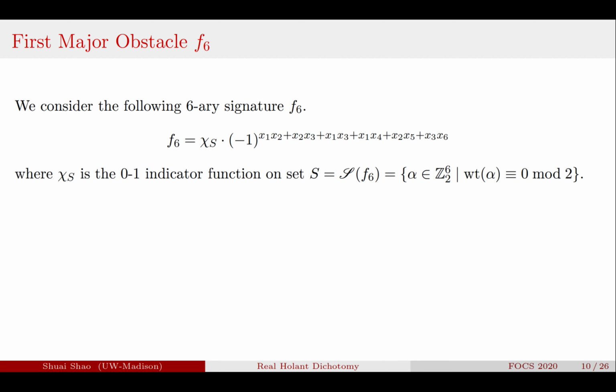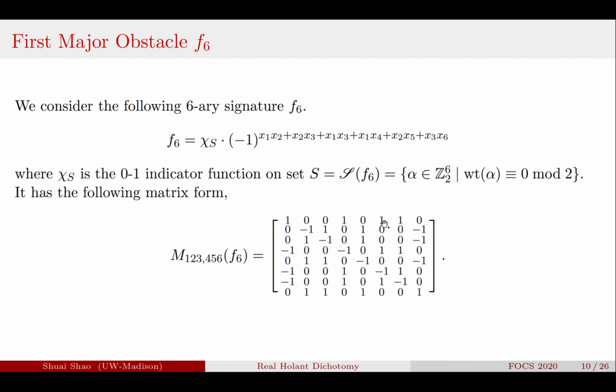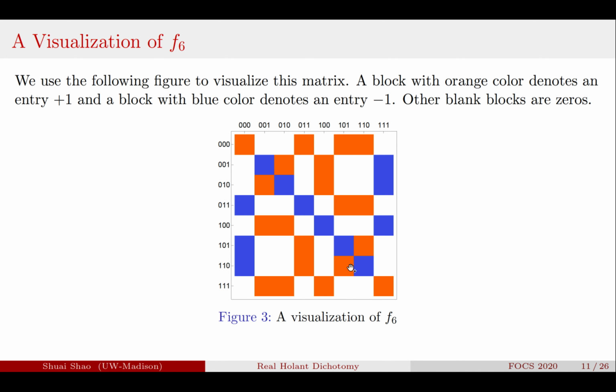We consider the following 6-ary signature f sub 6. This signature has the following expression. We can represent this signature by the following matrix. Here we use the first 3 variables as the row index and the last 3 variables as the column index. We use this picture to visualize this matrix.